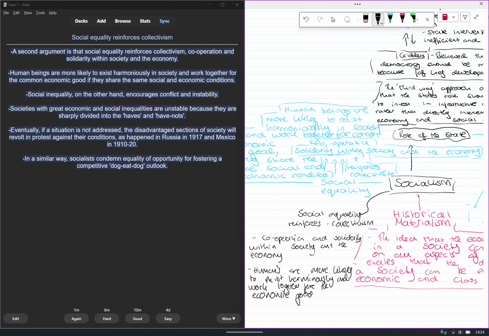Why though? The reason for this is, quote unquote, that they share the same societal and economic conditions.